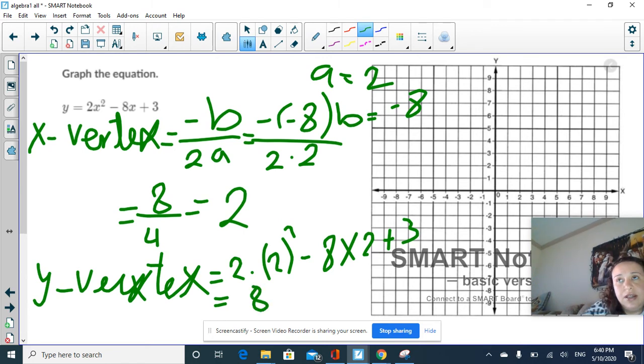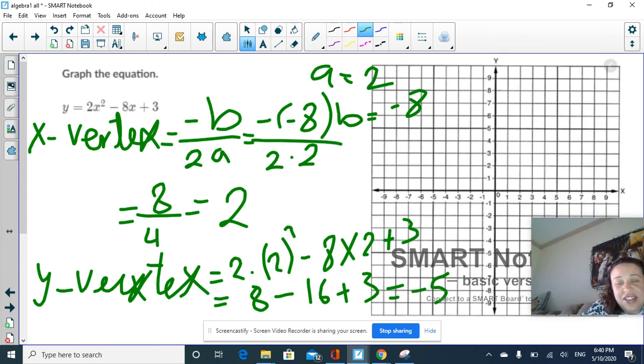Yes, it's 8, minus 8 times 2, 16, plus 3. 8 minus 16 is negative 8. Negative 8 plus 3 equals negative 5.